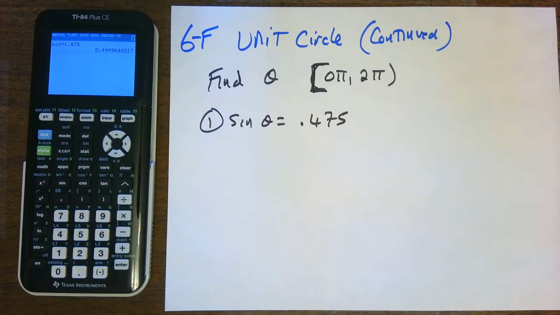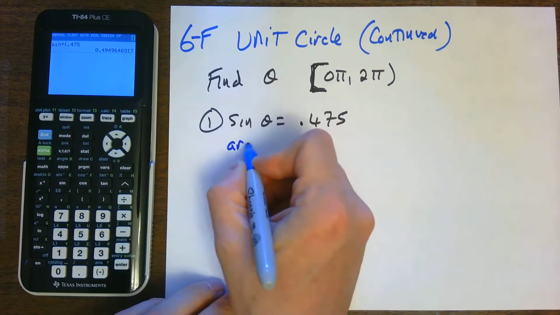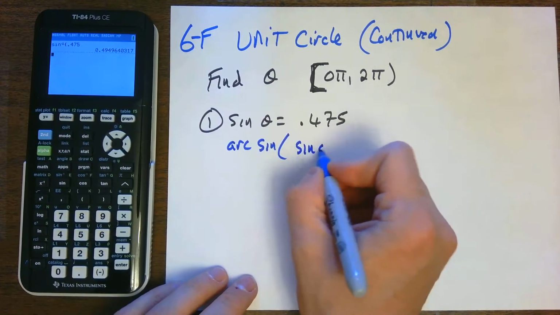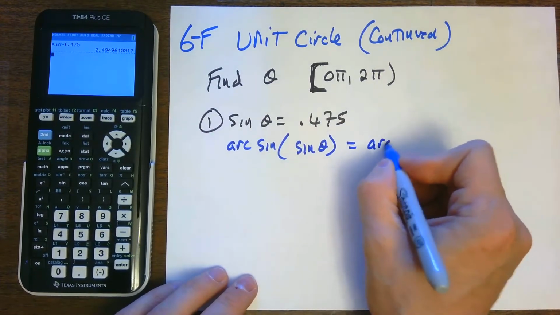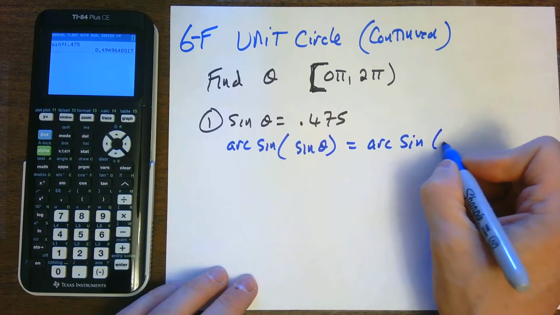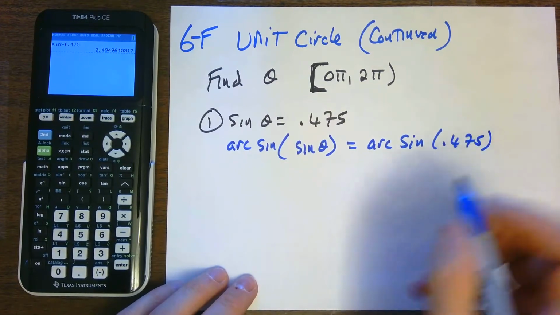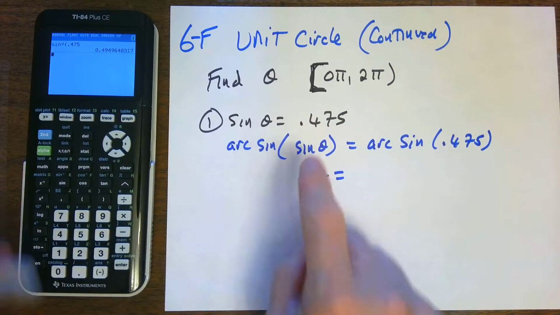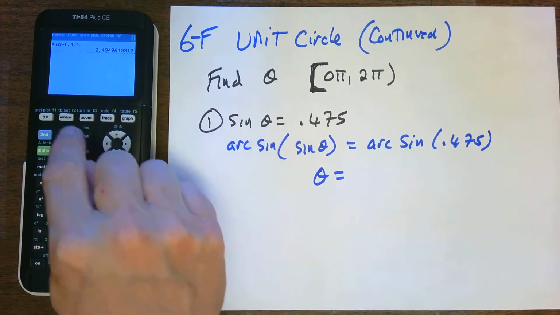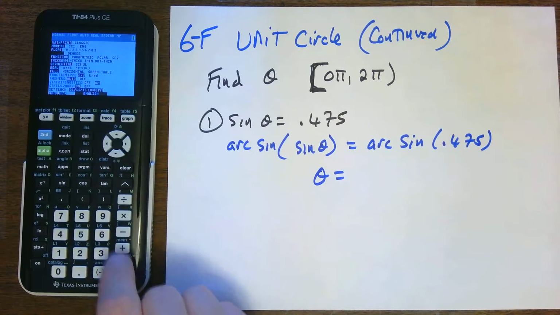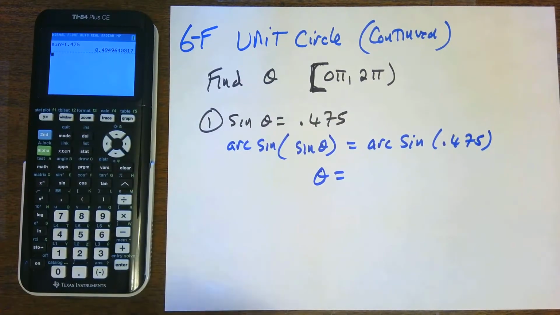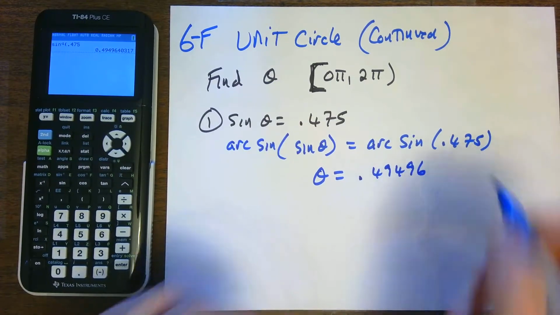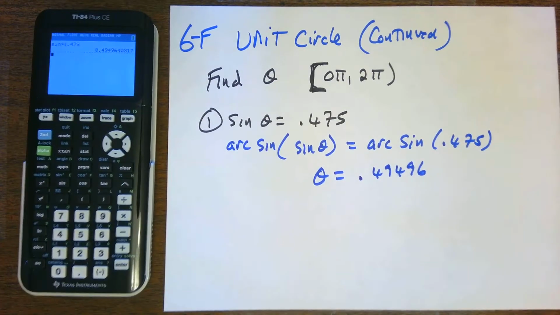So the arc sine of the sine of theta equals the arc sine of 0.475. I have to make sure that I'm in radian mode. Okay, yep, I'm in radian mode. So theta equals 0.49496-ish. But wait a minute, there's more.